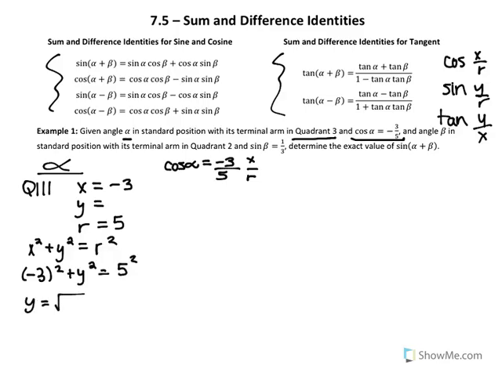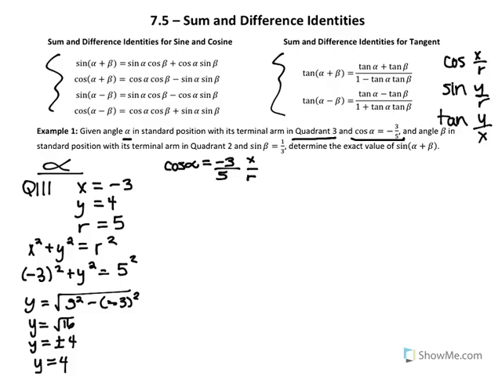So I'm going to do the square root of 5 squared minus negative 3 squared. What I get for my y value is y equals the square root of 16. So y would equal plus or minus 4. And we'll use reasoning to decide which sign it is, because we are in quadrant 3.